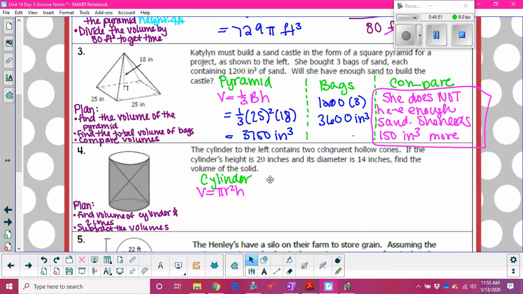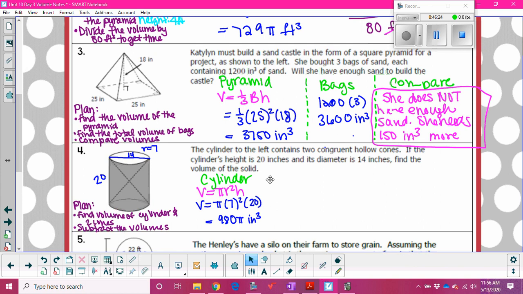The height is 20 inches, and we know that the diameter is 14, meaning that the radius is 7. So we have pi times the radius, 7, squared times the height, 20. I'm going to leave this in terms of pi, which is 980 pi cubic inches.